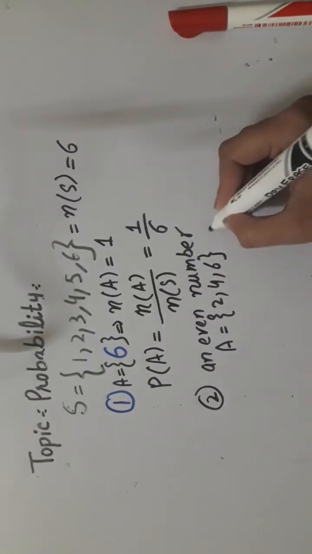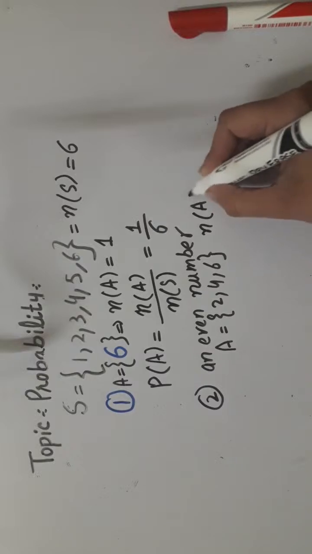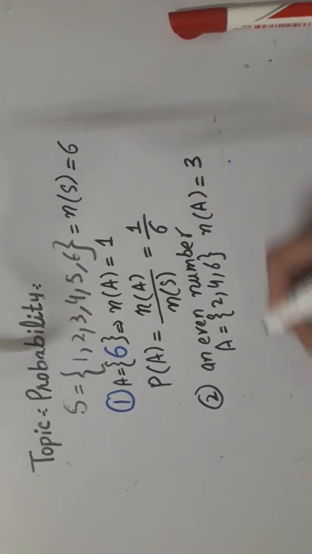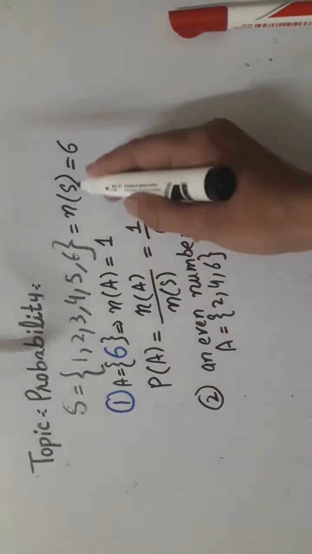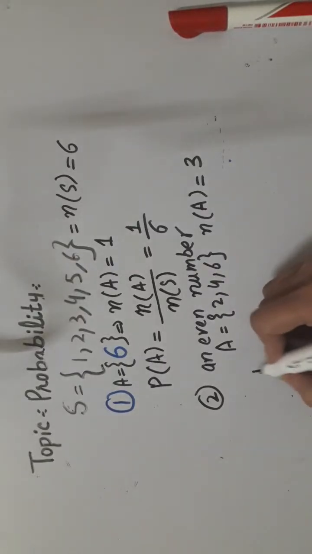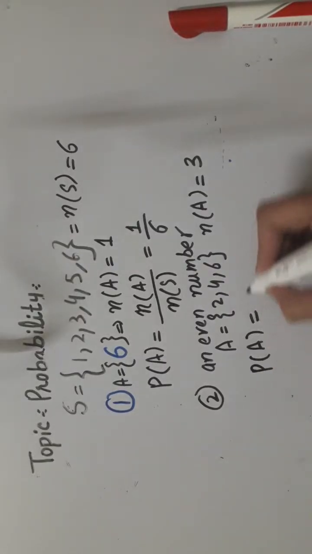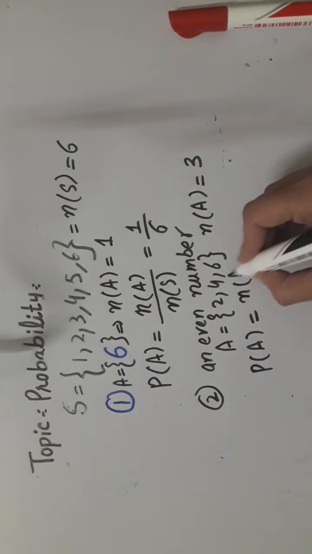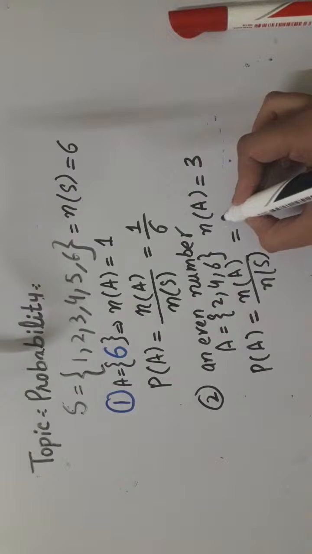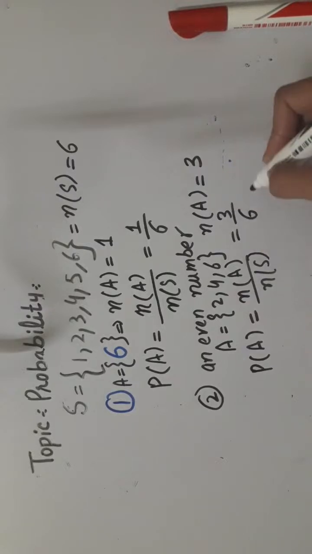So the number of outcomes is 3 and the total number is 6. So the probability of this event A will be n(A) by n(S). This will be equal to 3 by 6. Now we will solve another question related to this.